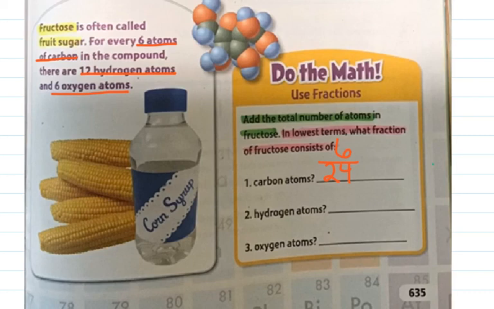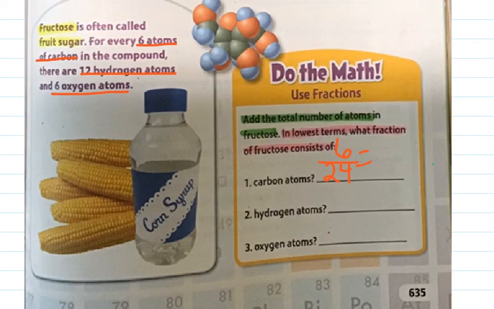Now, in pink highlighter, you need to highlight, in lowest terms, what fraction of fructose consists of carbon. People, this is reducing the fraction. Reduce the fractions. So let's just reduce really quick. 6 can go into 6.